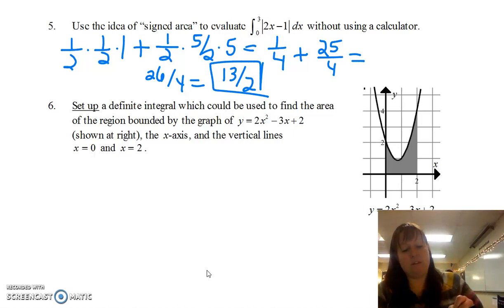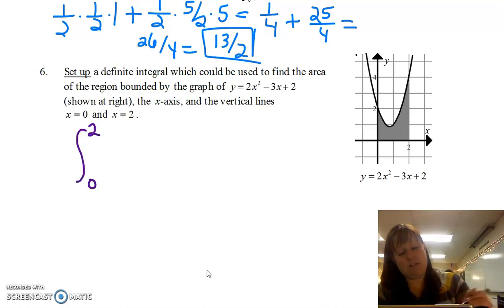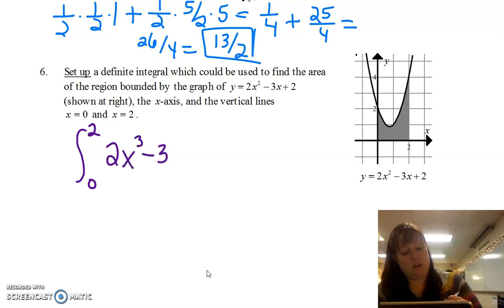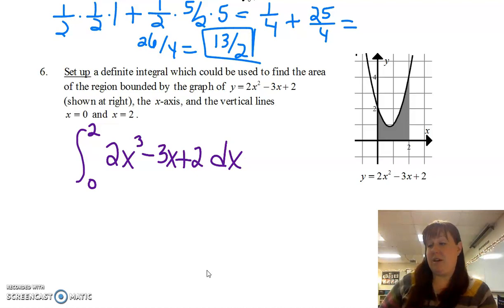So we're just going to set up the definite integral that could be used to find the area. It looks like we're looking for an area between 0 and 2, because that's the shaded area, so we want x values from 0 to 2. Then our function is 2x cubed minus 3x plus 2, and then we write dx.